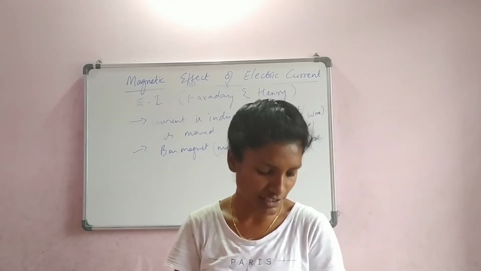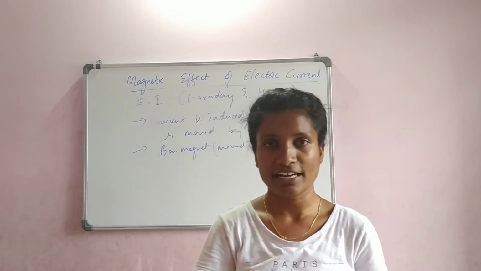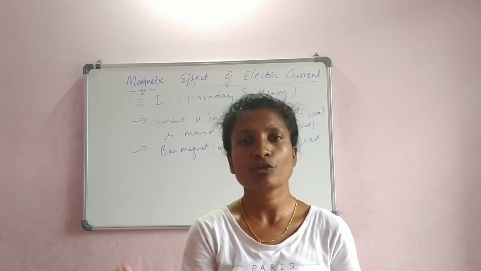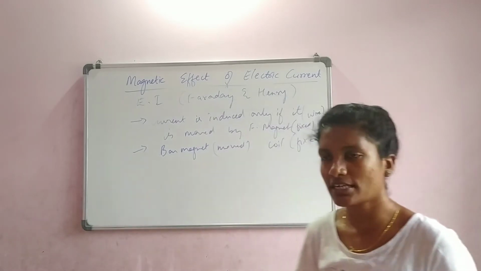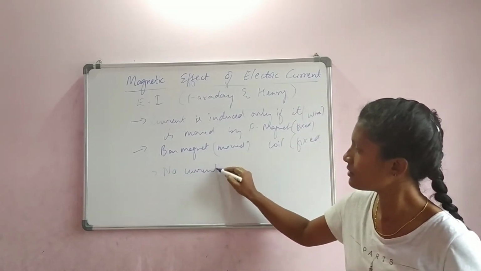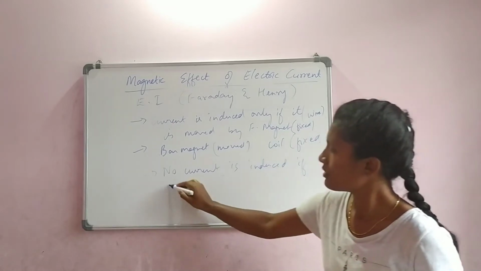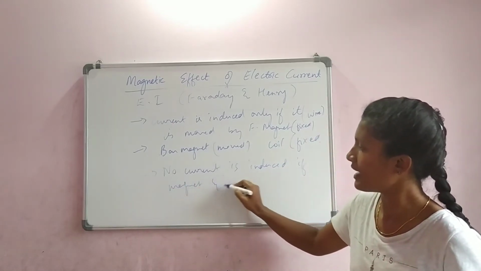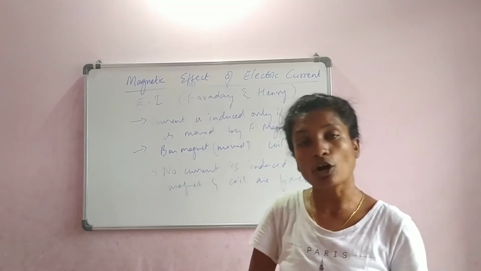Then, no current is induced in the coil if both the magnet and coil are kept stagnant or unmoved. If you don't move either of the things, then there is no deflection in the galvanometer, isn't it? So, no current is induced if magnet and coil are fixed, or you can say not moved.